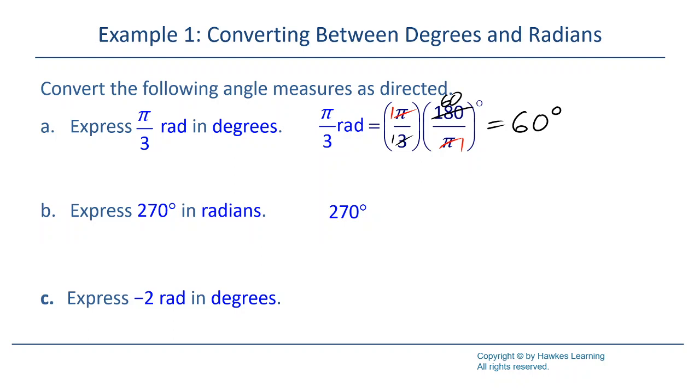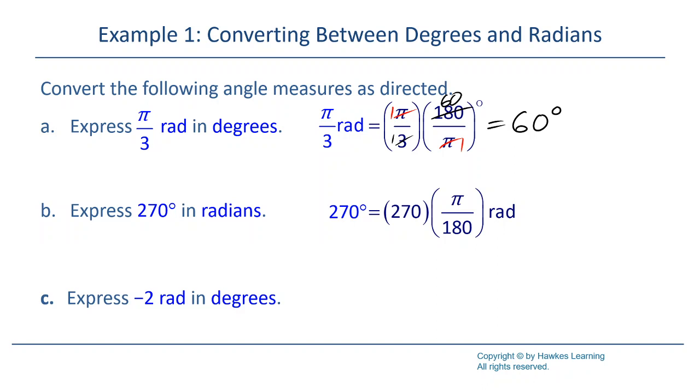Now if we start with 270 degrees and want to go to radians, then I need to go back and look at the formula. Is it going to be pi over 180 or 180 over pi? I need to cancel out the degrees symbol, so I need 180 in the denominator.